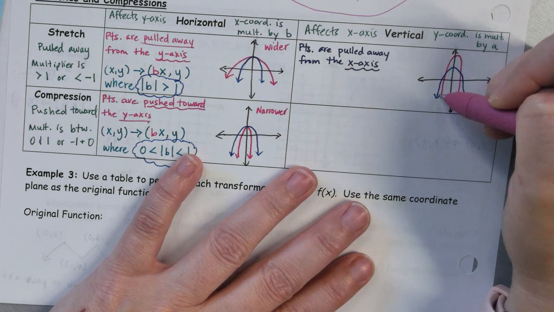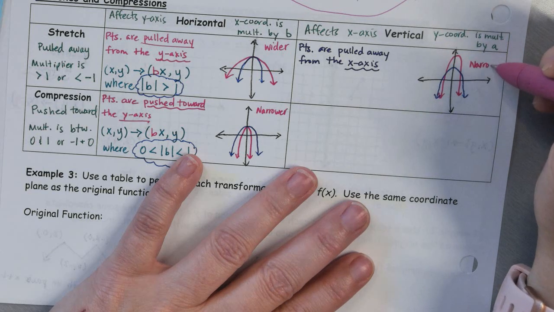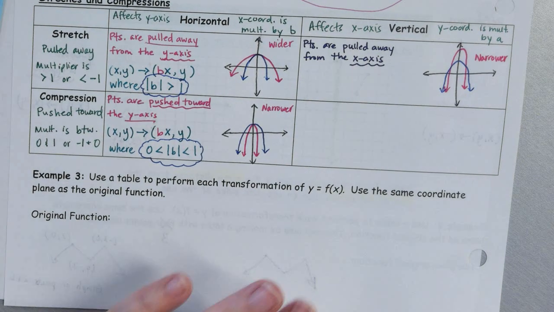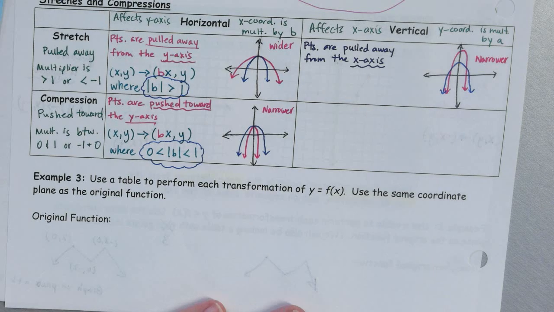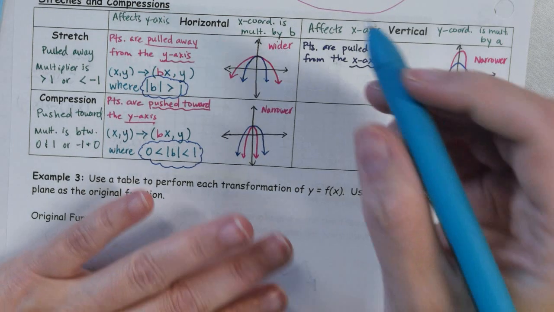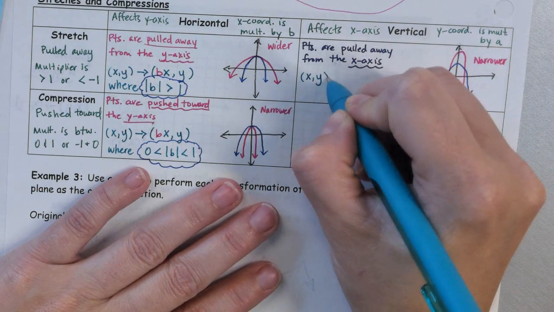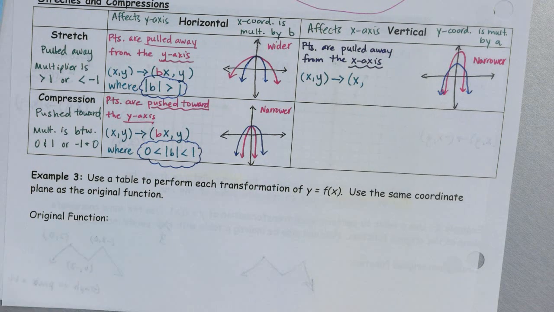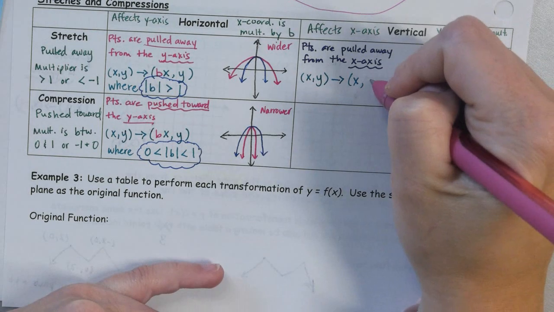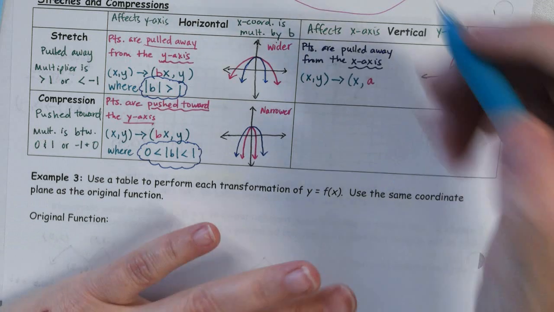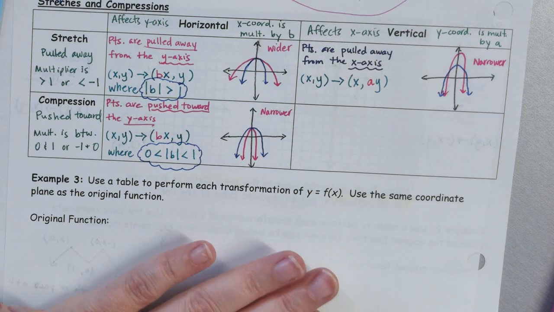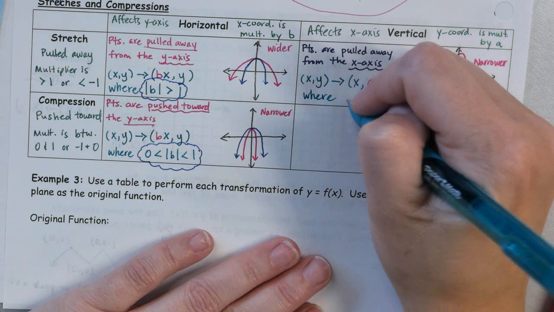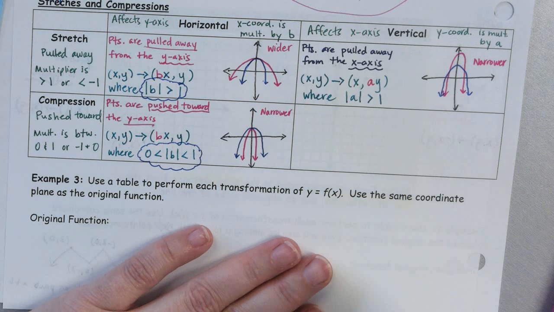So it might look something like this. So I'm pulling that up. And then let's do our rules. So this is x, y. This is where your x stays the same. And then the y is multiplied by a. Now the value of a has to be greater than 1 when you take the absolute value.